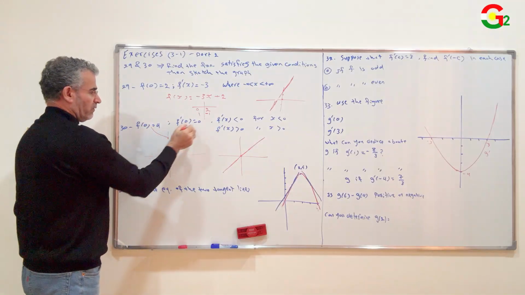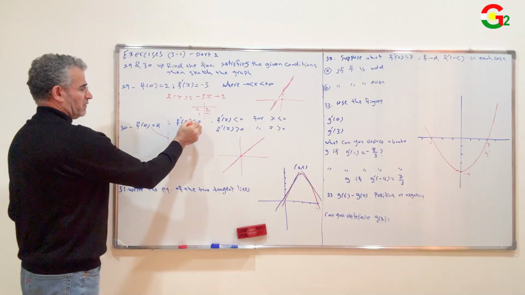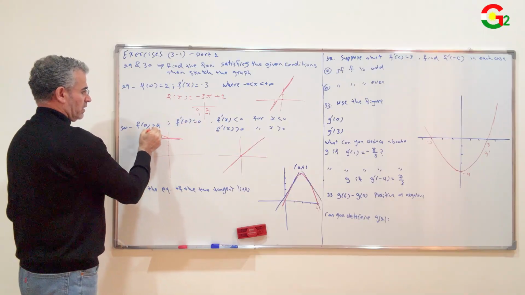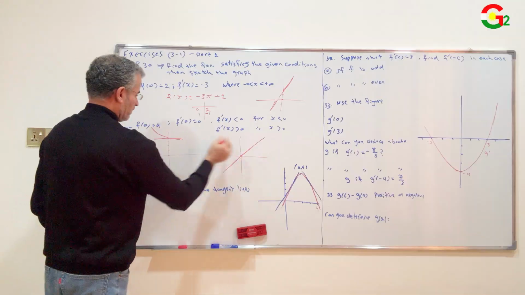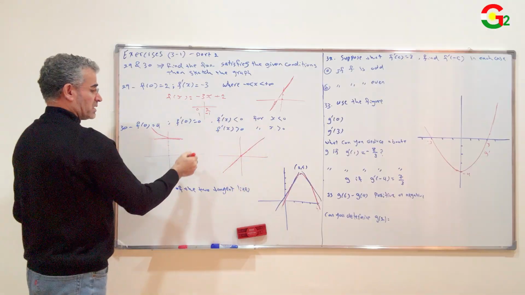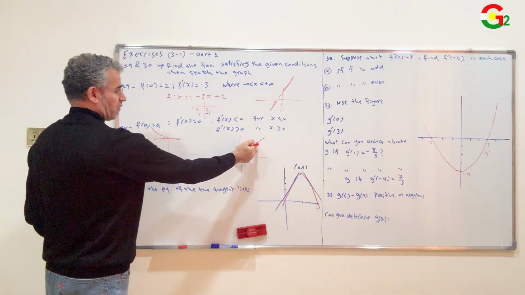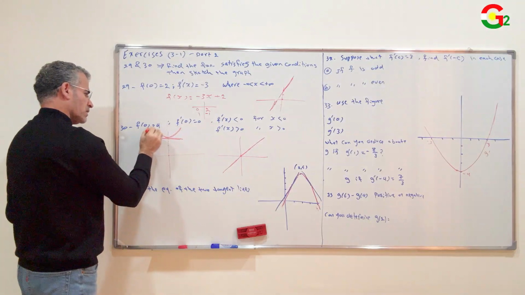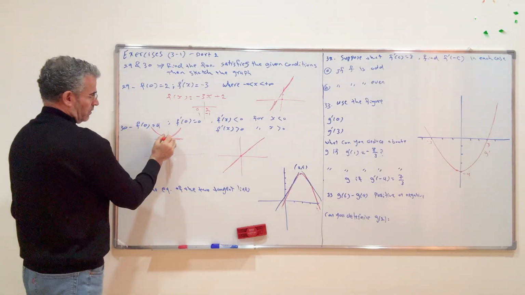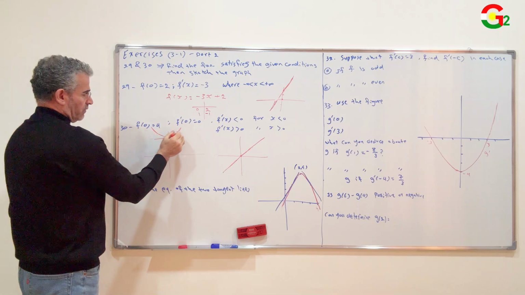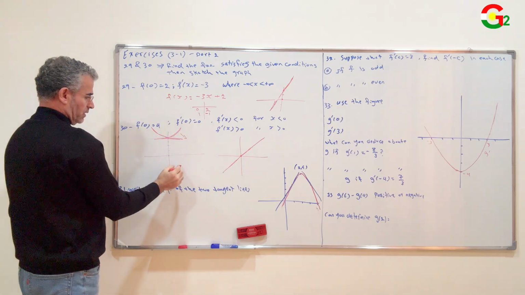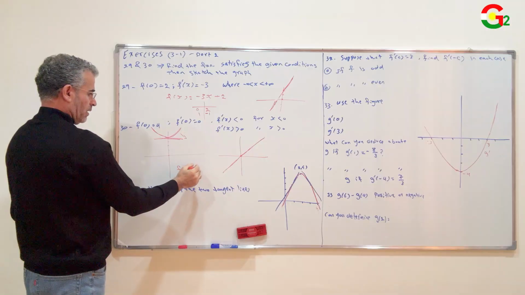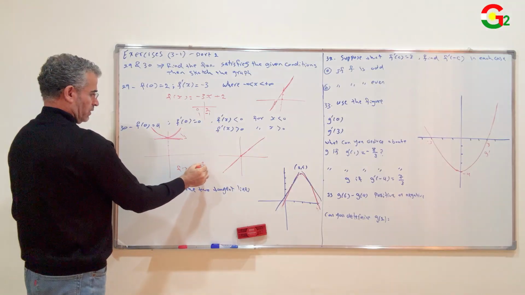At 0, the derivative is 0, so the function has a horizontal tangent line. From 0 to positive infinity, the derivative of the function is over the x-axis, so the function is increasing. So we can write the equation of this quadratic function, f of x equals x to the power 2 plus 4.